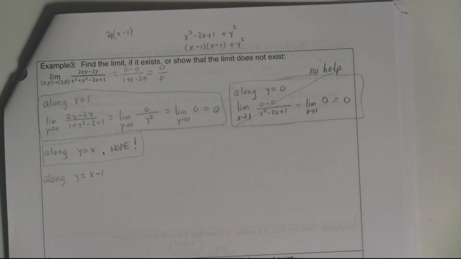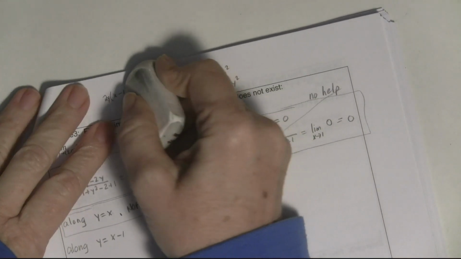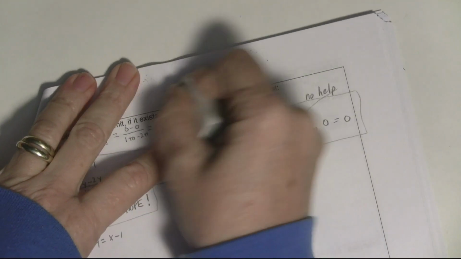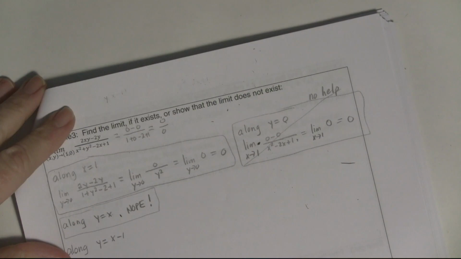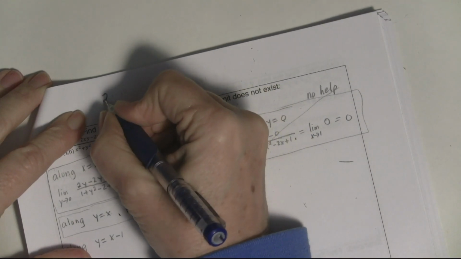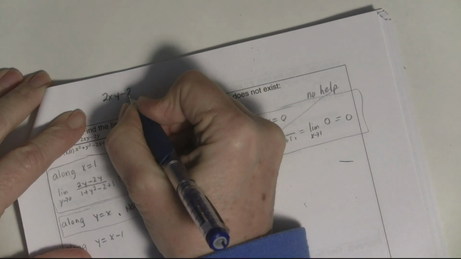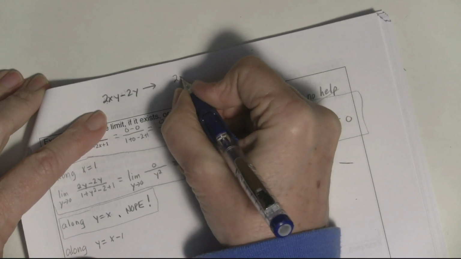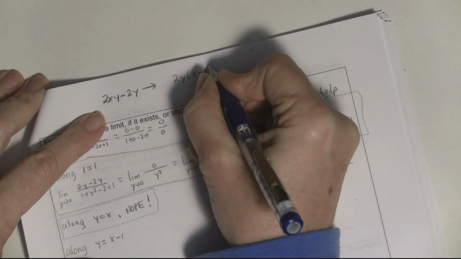Now you can't factor it and have those cancel because they won't. I haven't done this in such a way that people could be happy with it. I'm going to show you though that it won't. 2xy minus 2y, when I factor that, becomes 2y times x minus y.